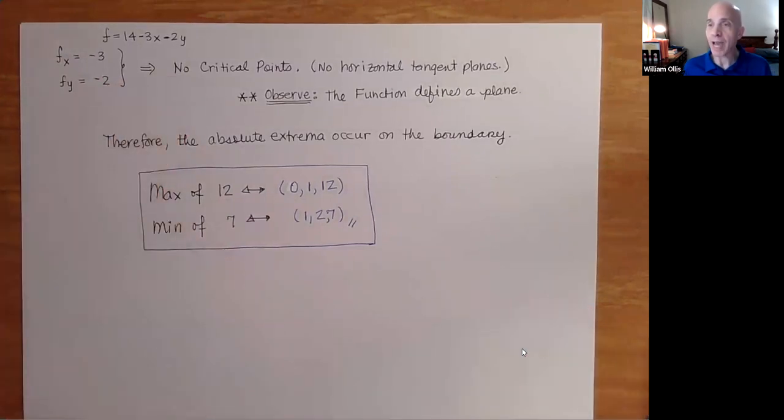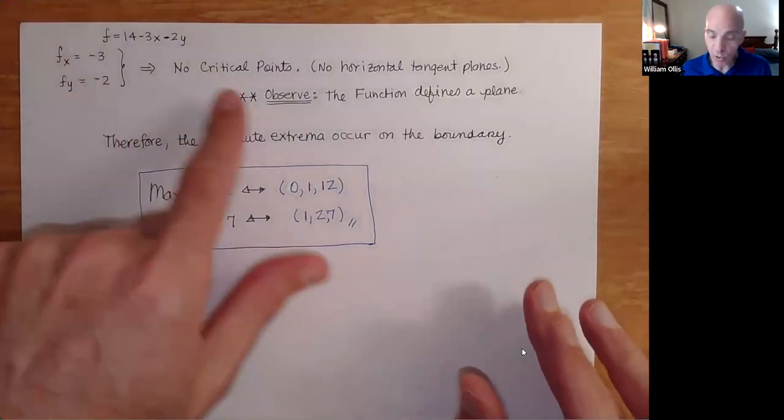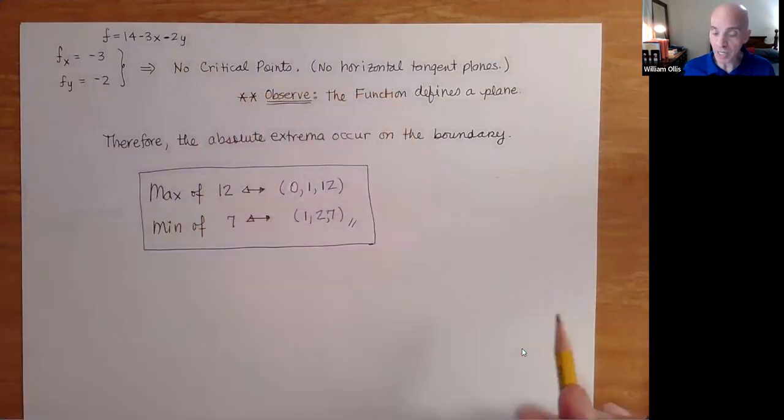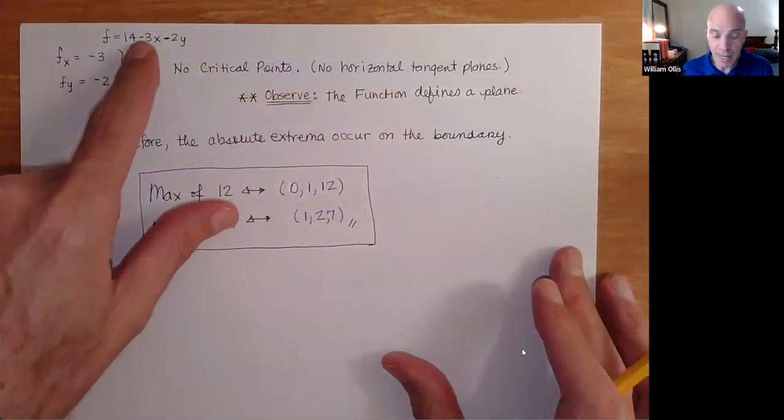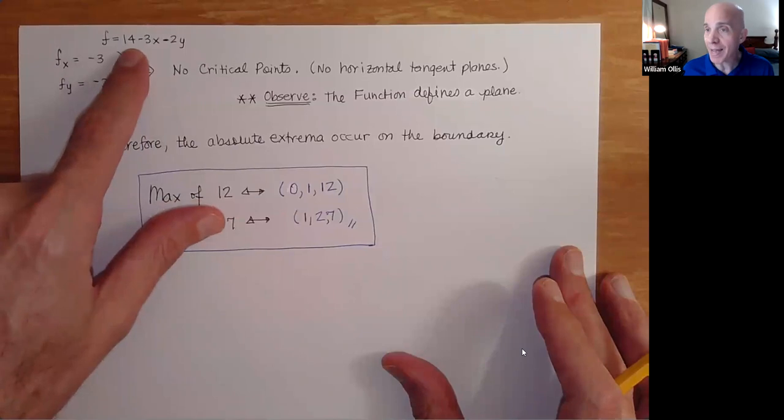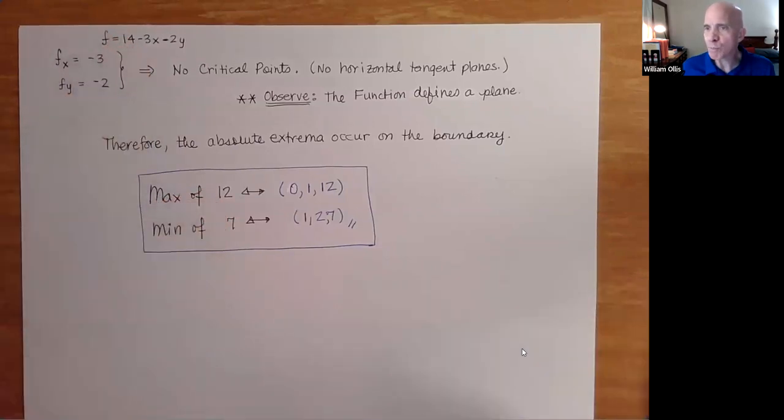It's like we're in Cal 1 and we look for interior critical numbers, they don't exist. So here we have no critical points, no horizontal tangent planes. Well, what we notice is that this function defines a plane. So we don't expect that we would actually have critical points. So using the technique from Calculus 1, we look to the boundary of the region.